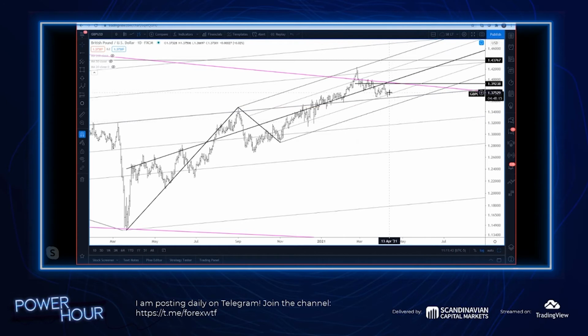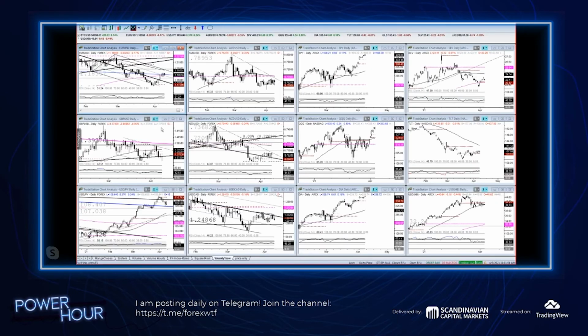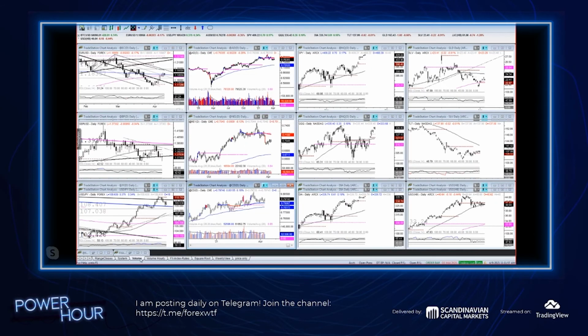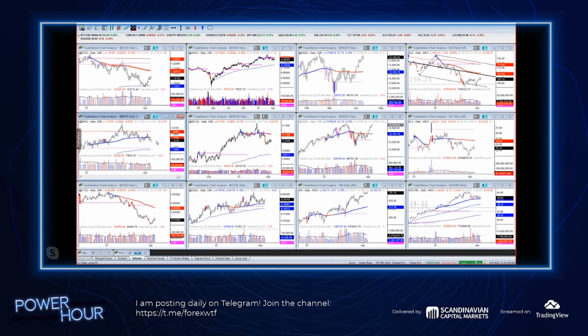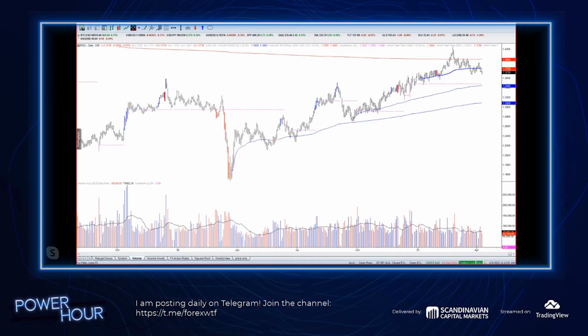So I will be interested maybe in the long side on pound if we get to 135, for several reasons: horizontal level, and again, the lower parallel from the fork here. Doing analysis here on the fly, I do want to see where some VWAP levels are. In this case, we are inching higher.